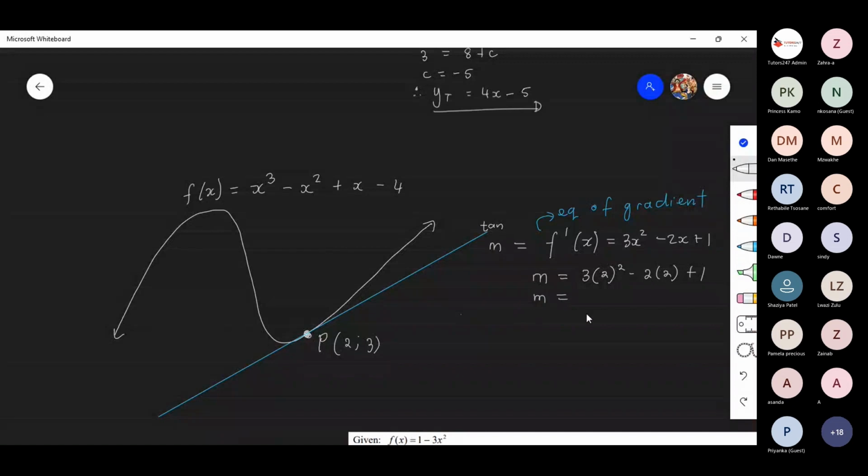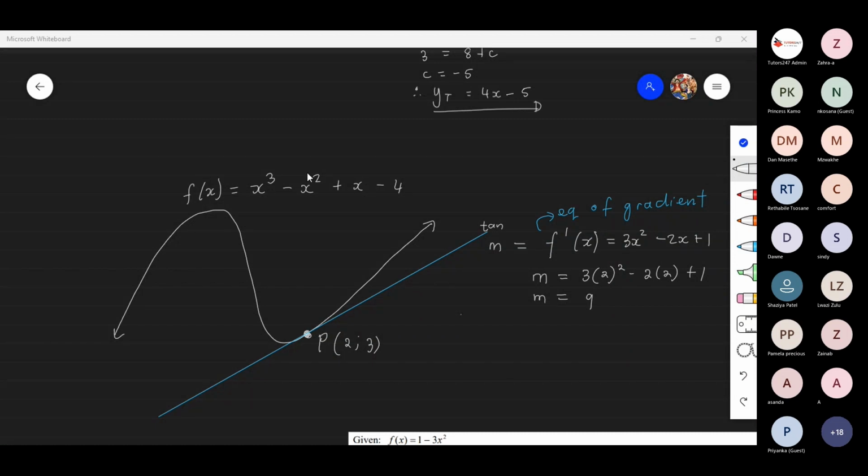That would give you 12, 12 minus 4 is 8, 8 plus 1 is 9. So that would give you 9, okay? That would be your gradient of the tangent, and it would be your gradient of your cubic function f of x at that particular point P.